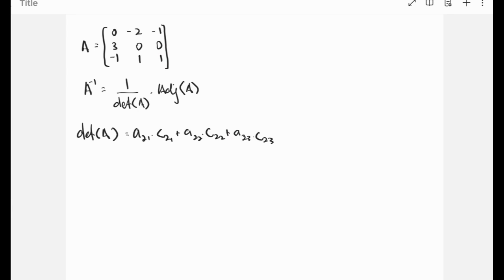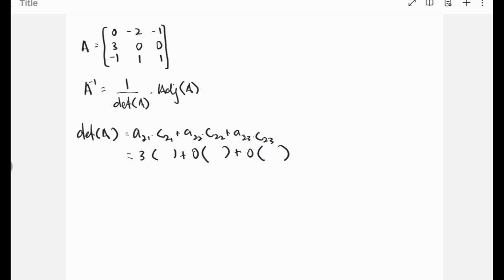If we just substitute the elements first, this is what it will look like. We're going to have 3 times the cofactor, which is not yet calculated, right? And then we have A22, which is 0, and we still have not calculated the cofactor yet, so just proceed. And then another 0.